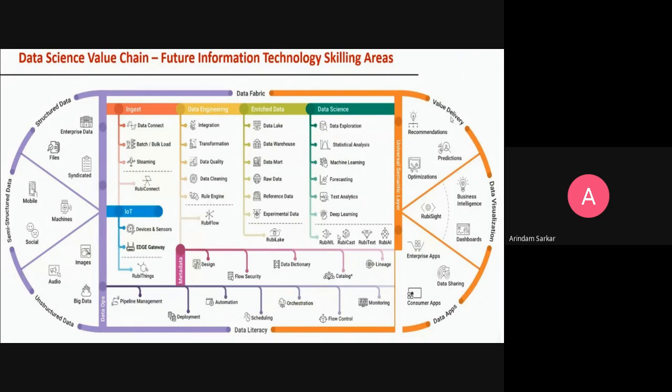Look here. You can find each and every term of data science, data analytics, Python, everything: machine learning, statistical analysis, forecasting, text analysis, deep learning. Look here: data ingest, data engineering, enrich data, data science. This is the cycle.